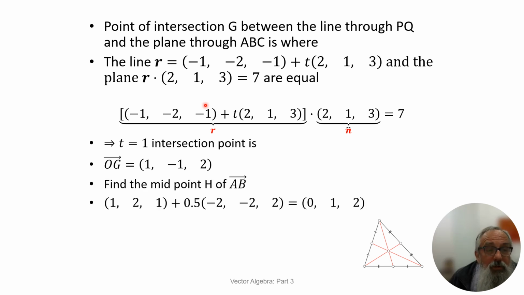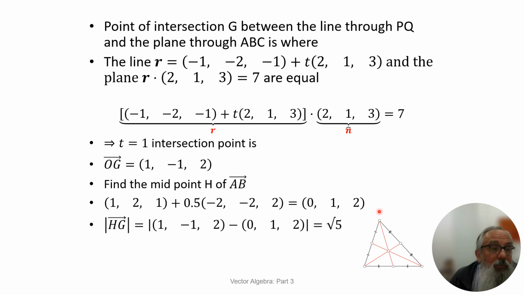Midpoint H of AB, well, we can find that by putting t equals 0.5, so we get this vector as the midpoint of the line. HG is the distance from G to this point.